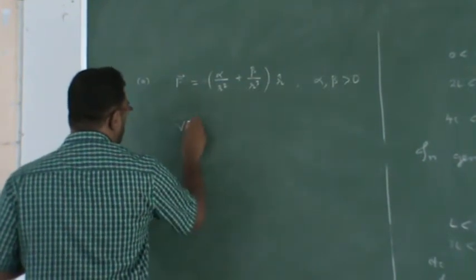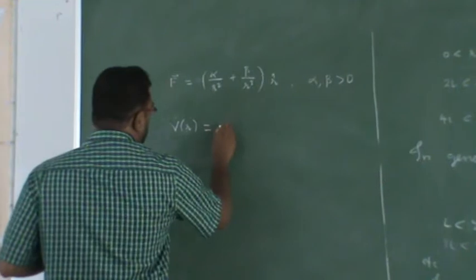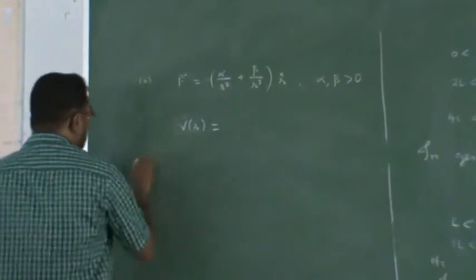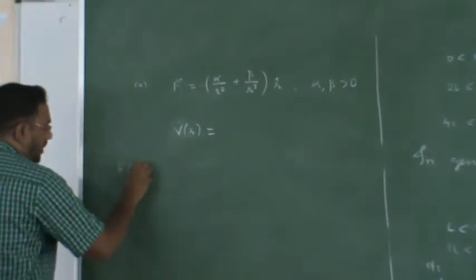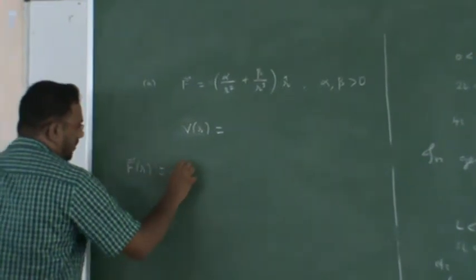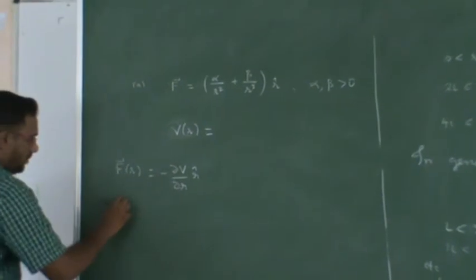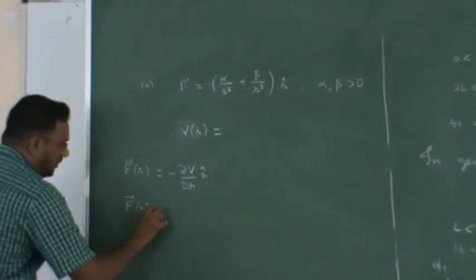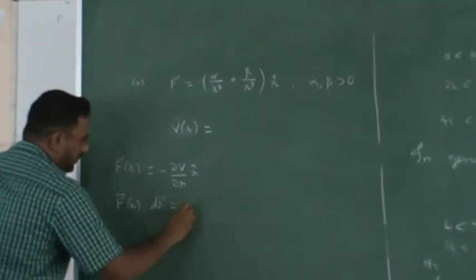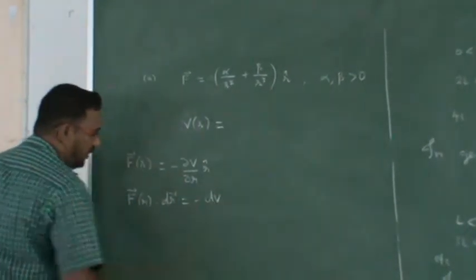So we have to compute V of r. Since F of r is minus del V by del r cap, F of r dot dr is equal to minus dV.